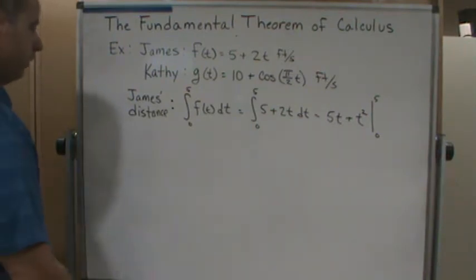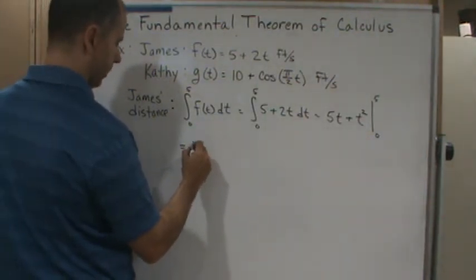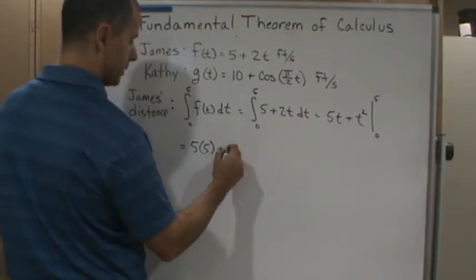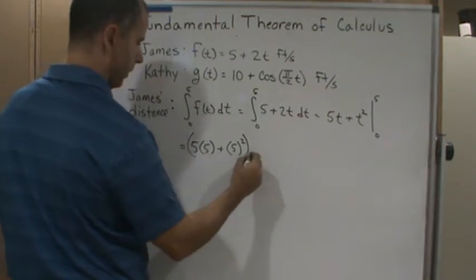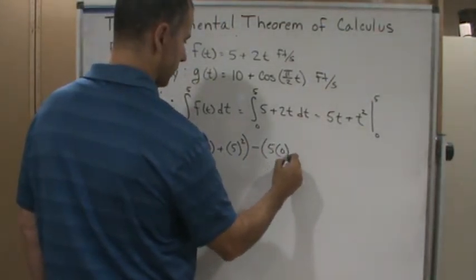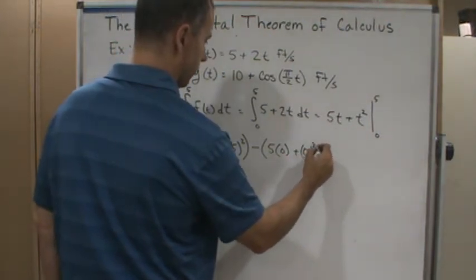And now, this is equal to 5 times 5 plus 5 squared minus 5 times 0 plus 0 squared.